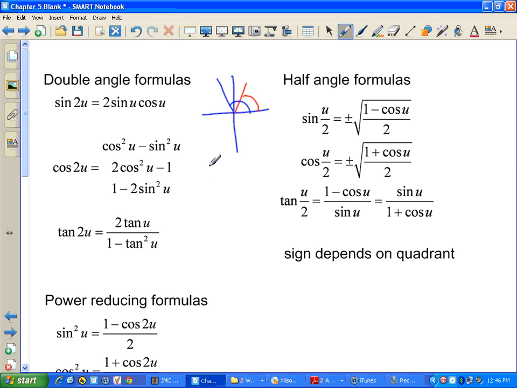Same thing if we're down here. If I've got this angle and I cut it in half, that could put it up here somewhere. Since it's in third, if I cut it in half, it's going to be in second quadrant, because in order to be over in first quadrant, it's got to be in the second to start.